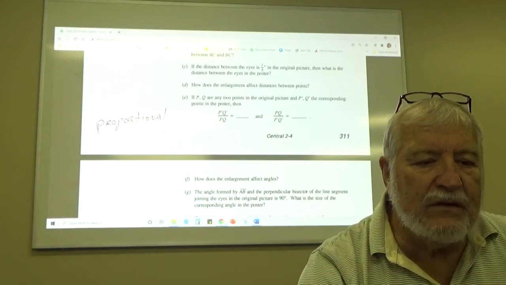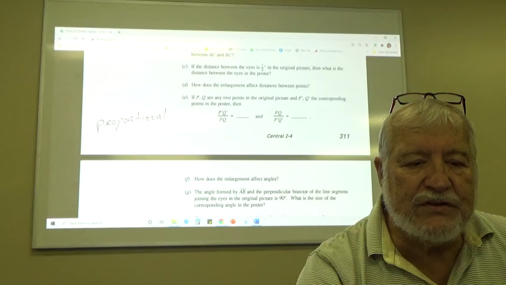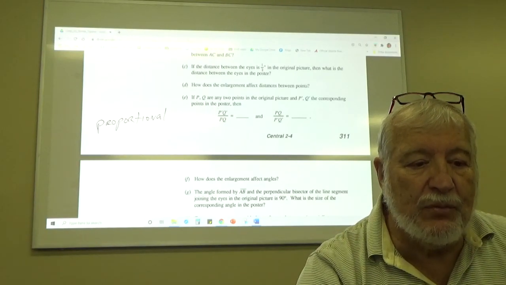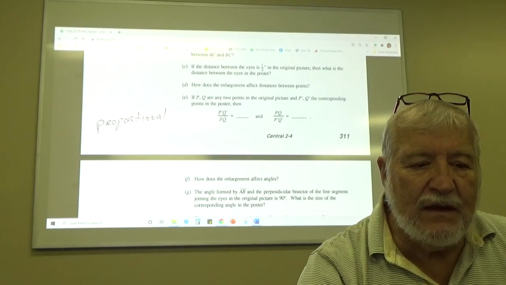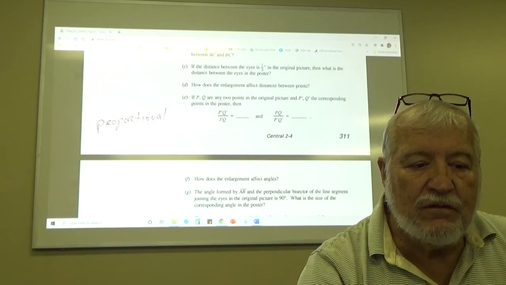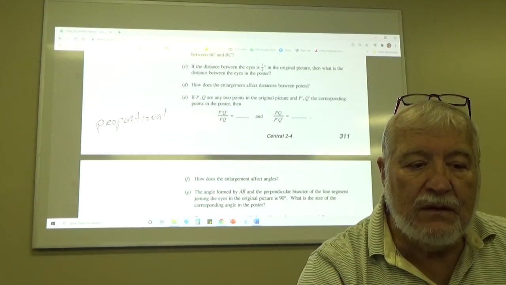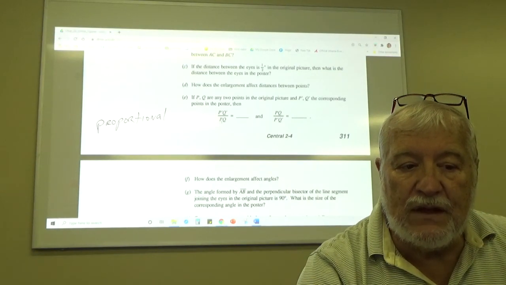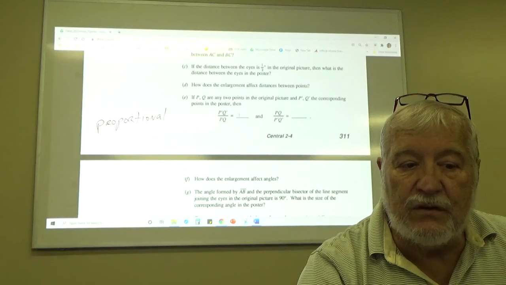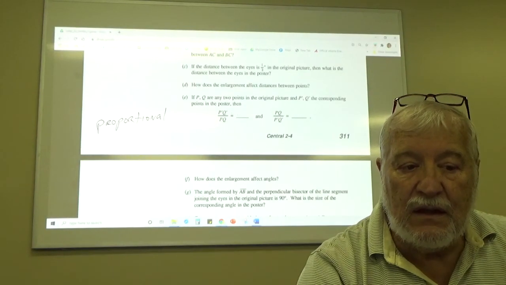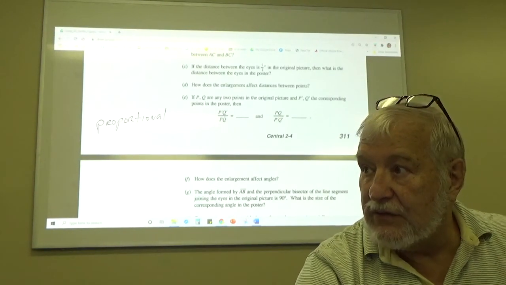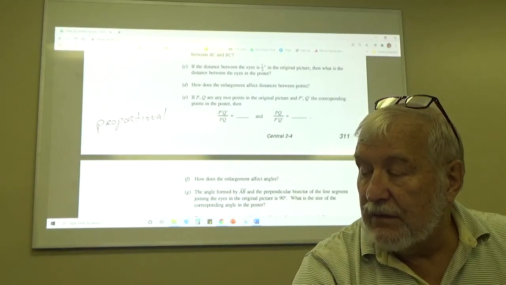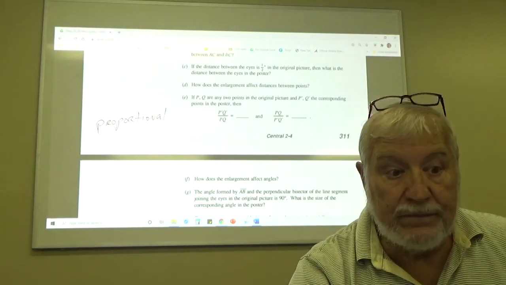All right, if P and Q are points in the original picture and P prime and Q prime are corresponding points on a poster, then if you look at the length from P prime to Q prime, and the relationship here, this is going to simplify to whatever the multiplier is.